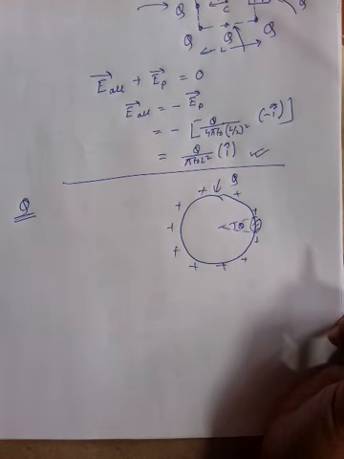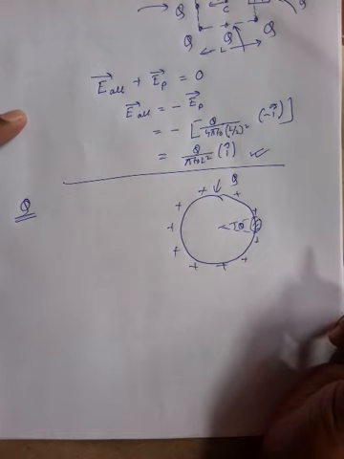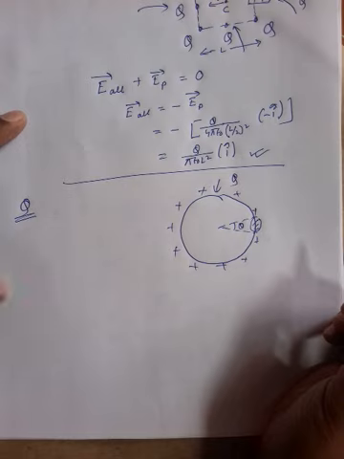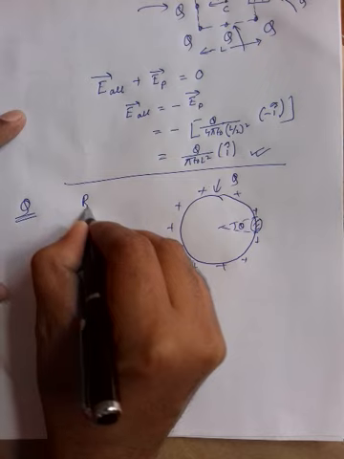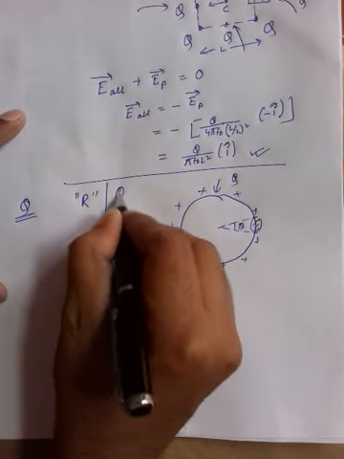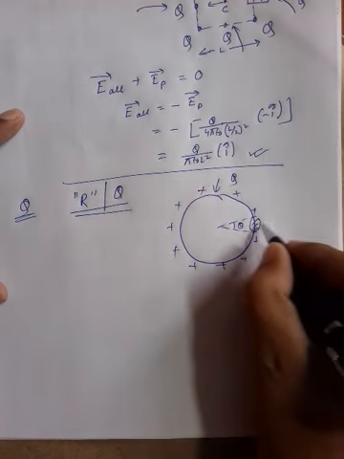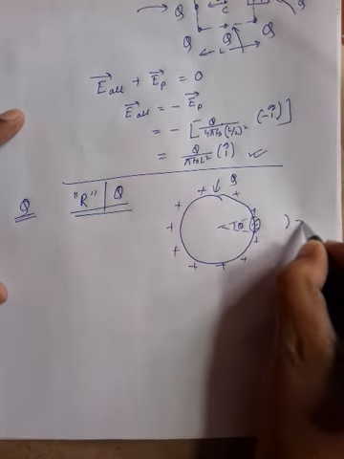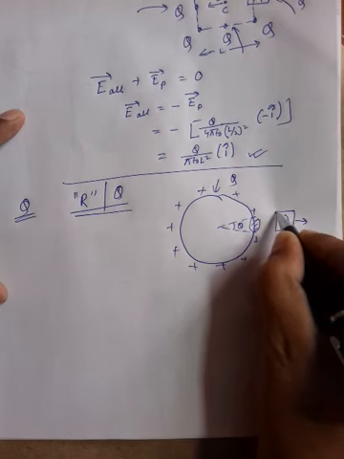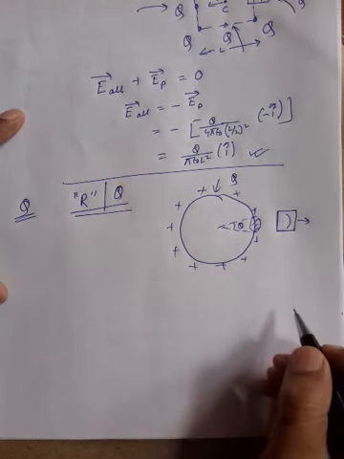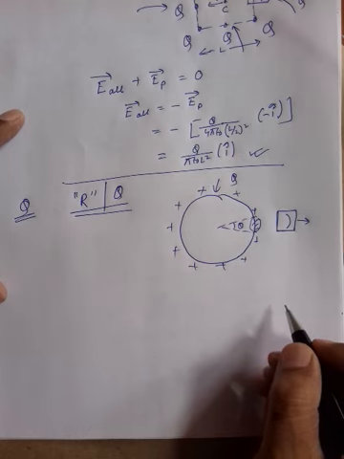I am drawing the question first. You should write: Figure shows a thin, uniformly charged ring of radius capital R carrying charge capital Q. From the ring, a small theta portion is cut and removed.